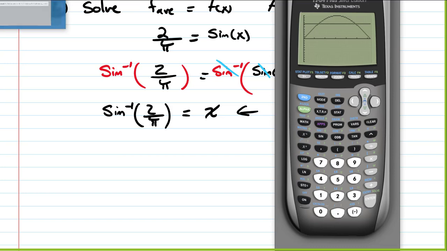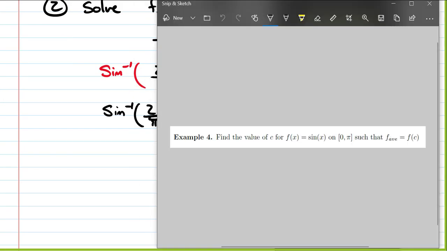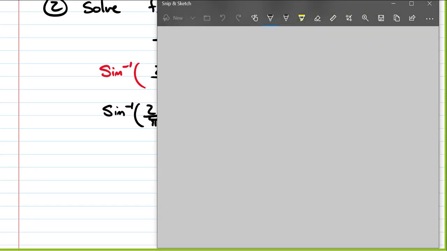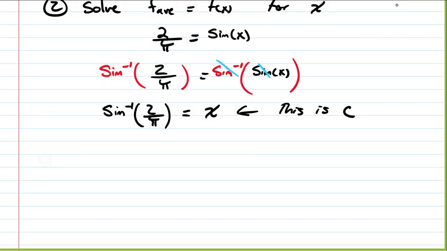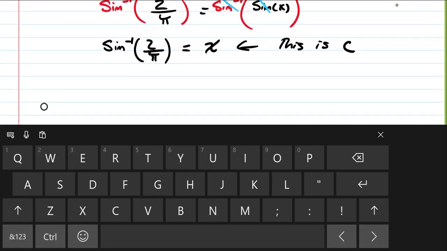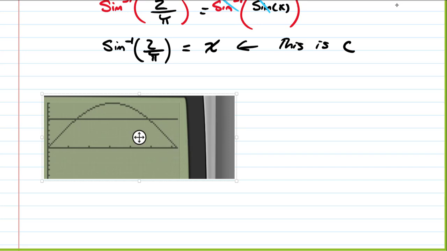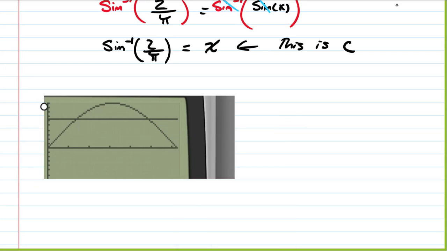So in terms of our picture, we found our points here.